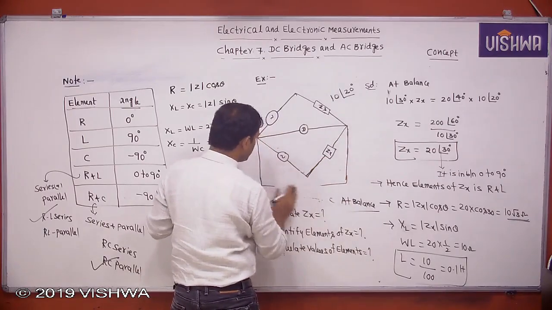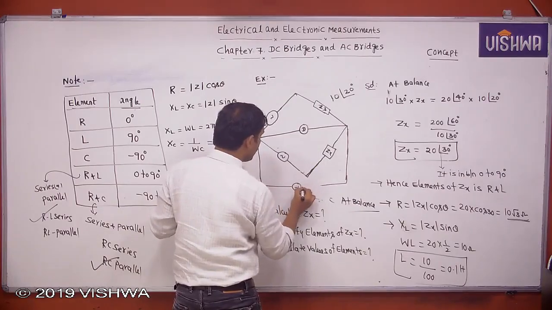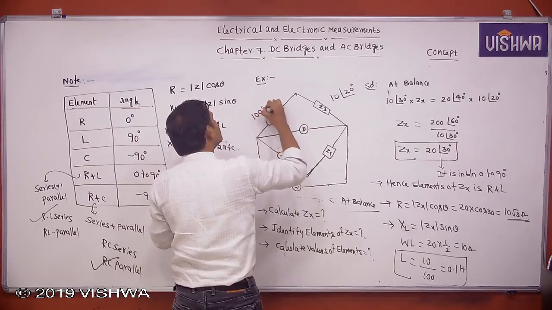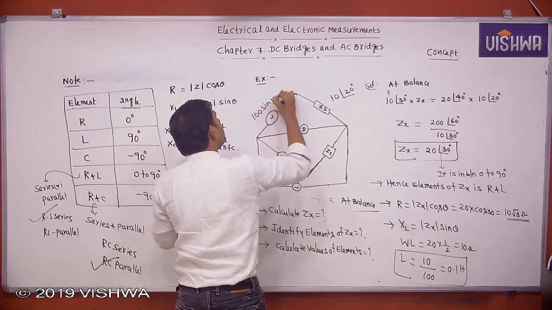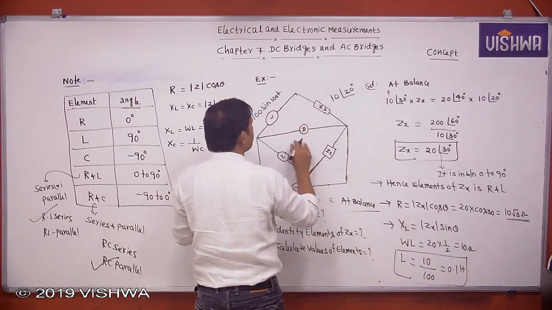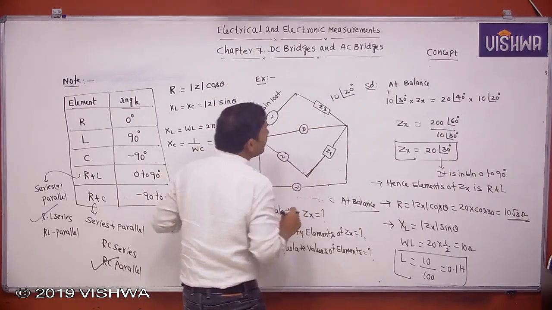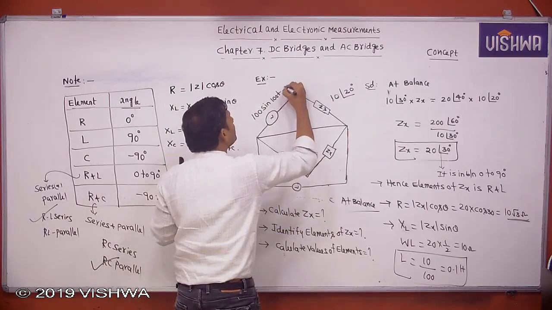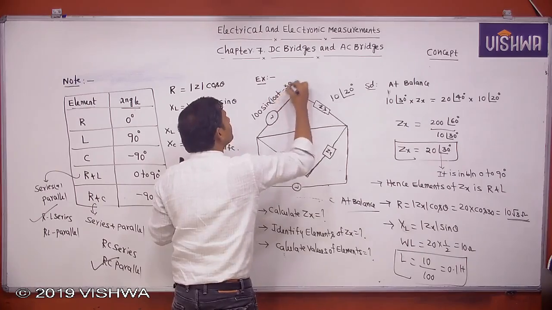Unknown impedance. Let this be 100 sin 100t, 100 sin 100t. Yes, this is 100 sin 100t minus 30.